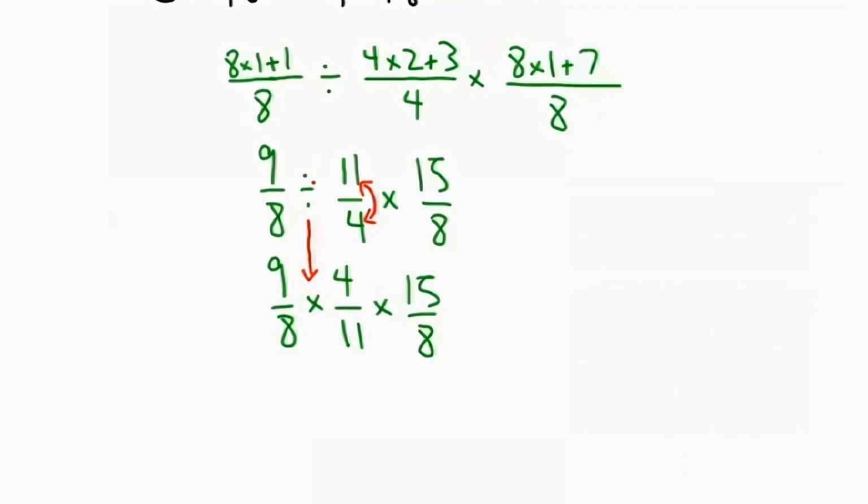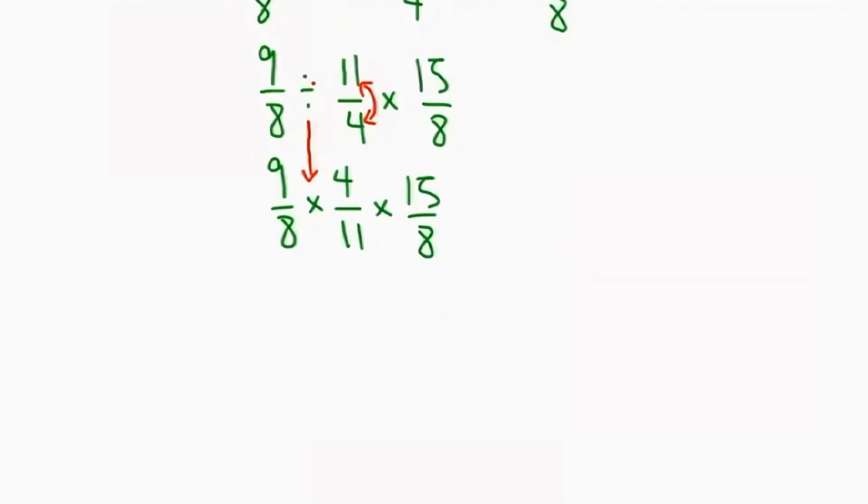And now we can do a little bit of reducing here, but not really. We know that 4 goes into 4 once and 4 goes into 8 2 times, and I could have used either 8 there. And now we have 9 times 15 over 2 times 11 times 8.